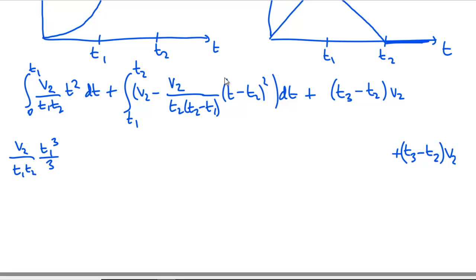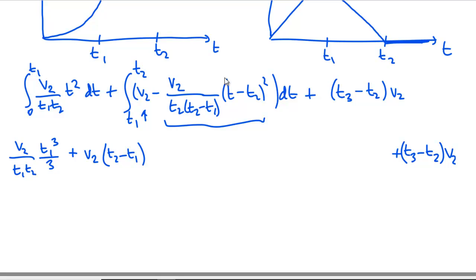I suppose we've got the integral there of v2. So let's do it in 2 bits because that bit's on its own and then we've got all of this bit. So that's going to be v2 t2 minus t1.